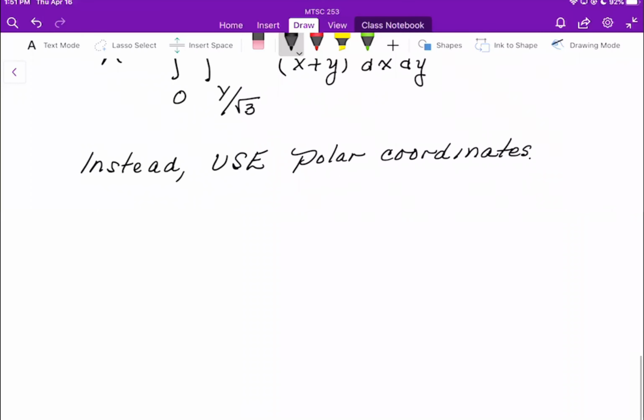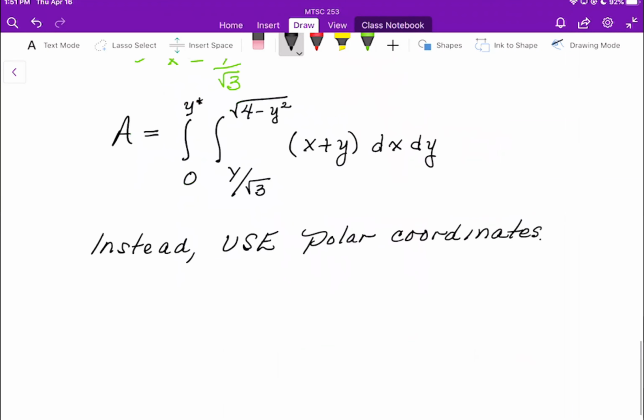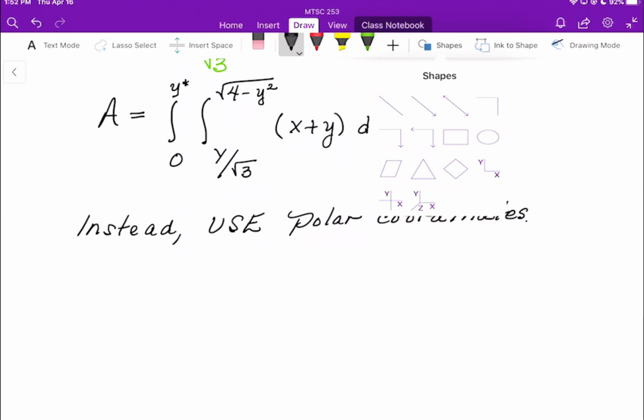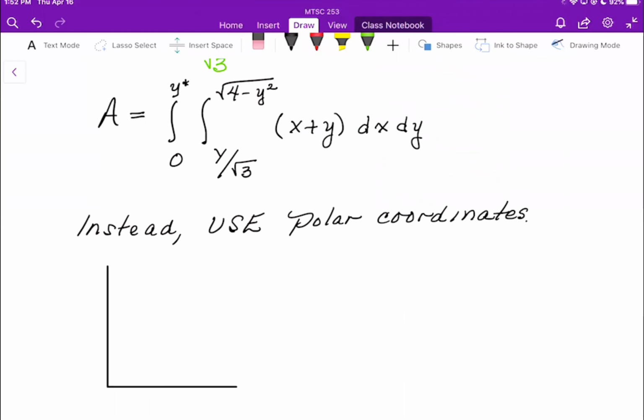So again, now we want to look at this in terms of r and theta. And so this line right here, y is equal to the square root of 3x.